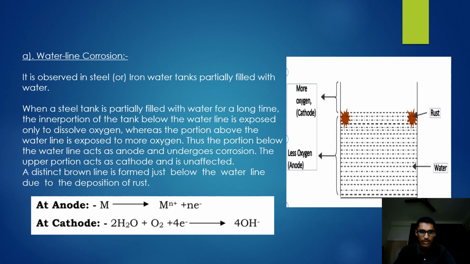Thus, the portion below the waterline acts as anode and undergoes corrosion. The upper portion acts as cathode and is unaffected. A distinct brown line is formed just below the waterline due to deposition of rust. At anode, the metal oxidizes and forms ions.